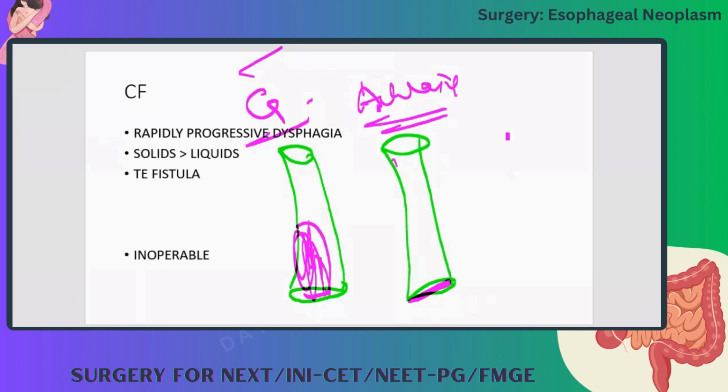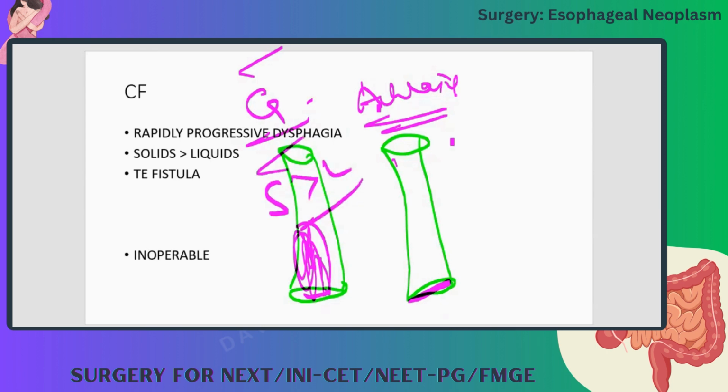This is an important point: why solids and liquids? In cancer, because a tumor is formed, liquid can seep through, but solid would not be able to do that.